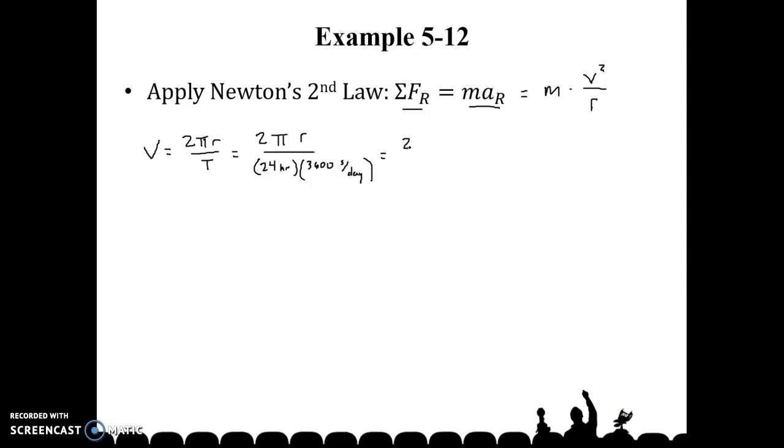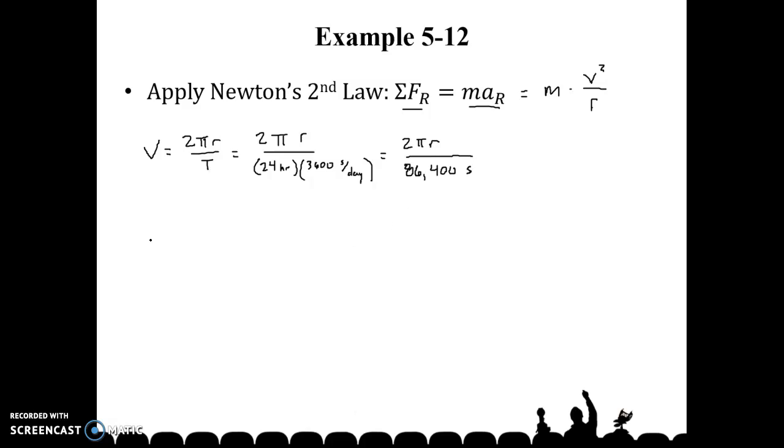Okay, so that's going to be 2 pi r over 86,400, which is 24 times 3,600. So that's how many seconds it is. So 2 pi r over 86,400 is going to be the velocity of this satellite.